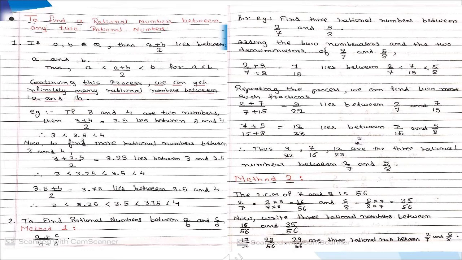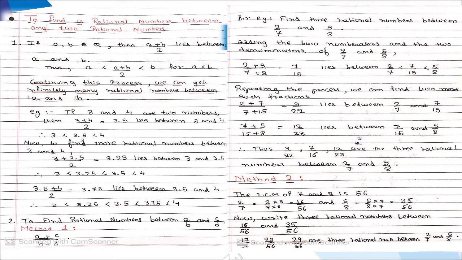But if they have asked you to find two rational numbers or three rational numbers between 3 and 4, or many more like that, then how to do it? Once you have found the exact mid value by adding those two and dividing by 2, now you can take your question's lower rational number and this mid value and add them.